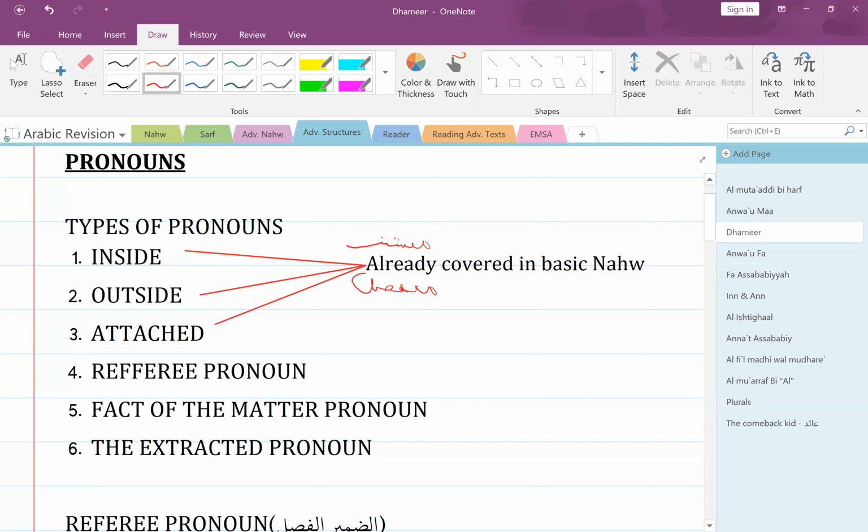Munfasil, fasala, to separate. So munfasil, the detached or the separated pronoun. So mustatir, munfasil. And then the attached is called muttasil. Attached pronoun. Those 3 we've already covered. You are familiar with that.